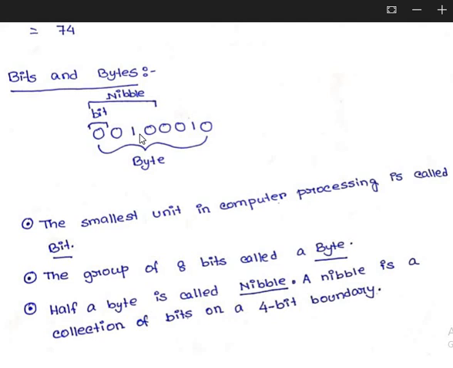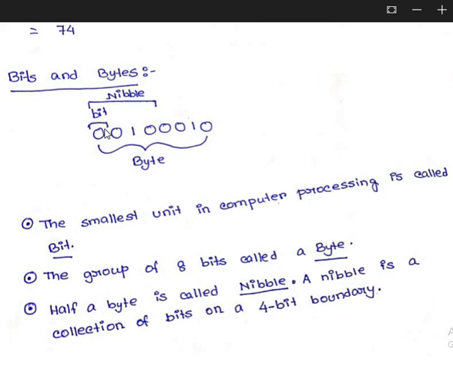Each digit of this number is called a bit. That means a bit is equal to a single digit, which is the smallest unit of computer memory.